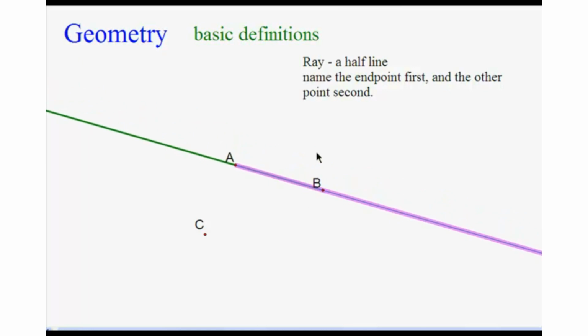Although it does kind of overlap here, which is unfortunate. Ray BA is green, goes on forever in this direction. Ray AB starts at A, goes through B forever and ever, and is the violet color.